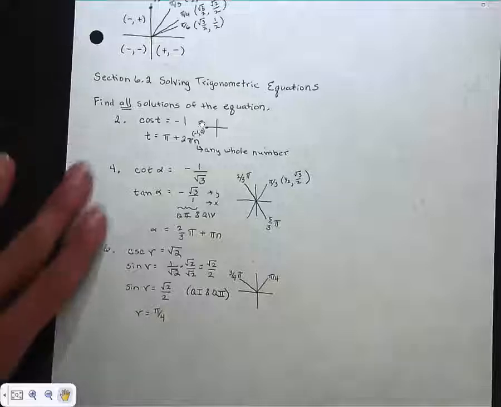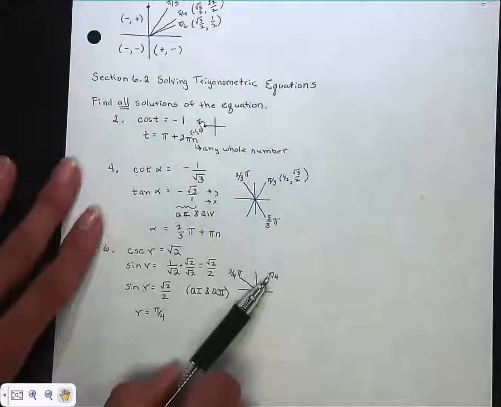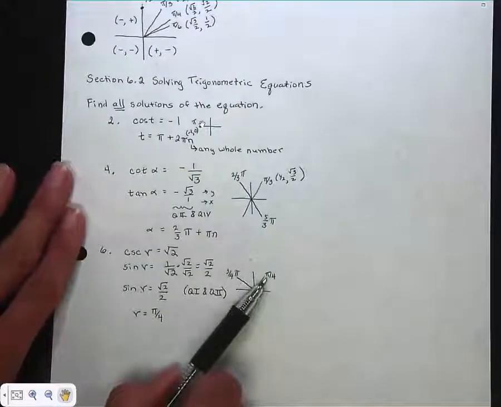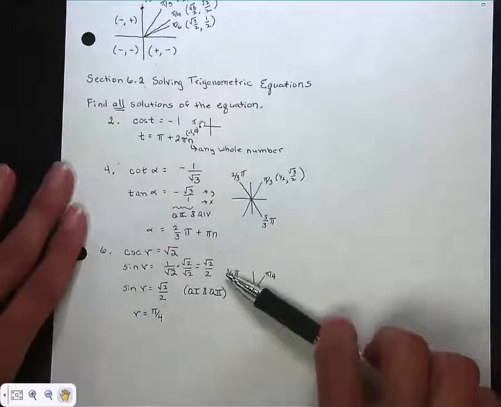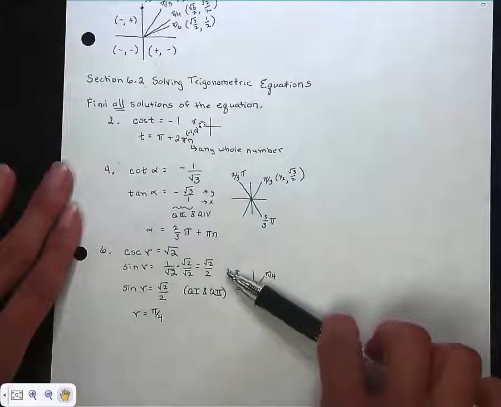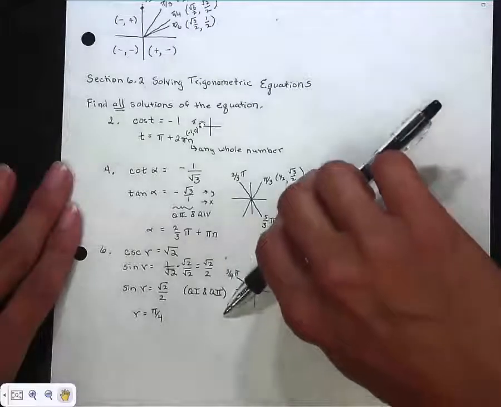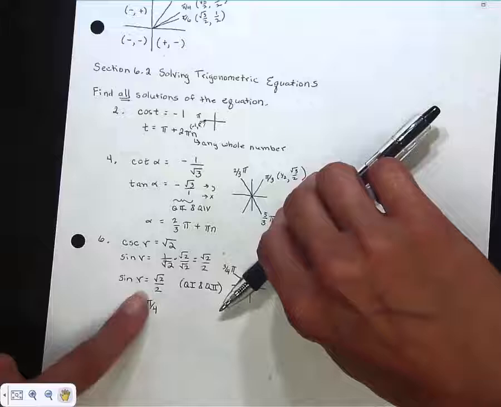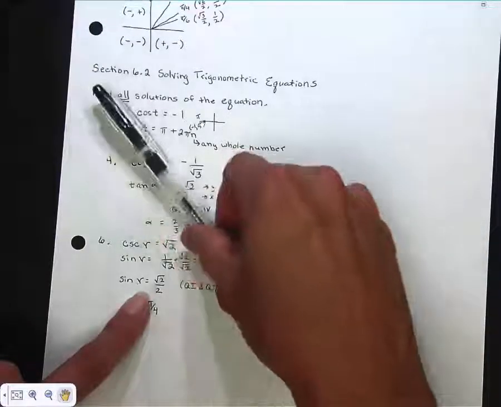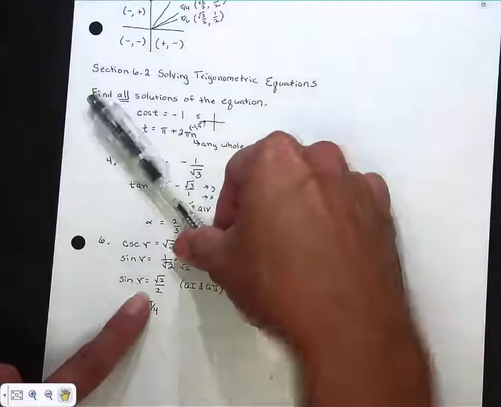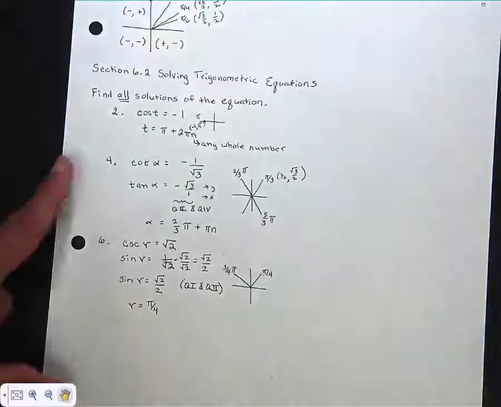The problem with that is if I started here and added multiples of 90 degrees, I would not only pick up this second quadrant angle, but the next time I added a multiple of 90 degrees, I'd pick up a third quadrant angle, and sine's not positive here. That wouldn't be a solution. If I added another 90 degrees, I'd pick up a fourth quadrant angle. Sine's not positive in the fourth quadrant.